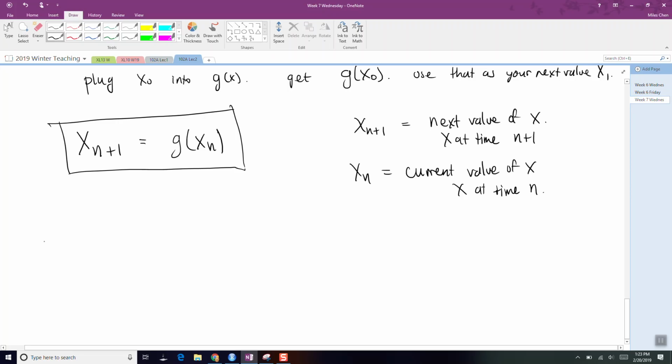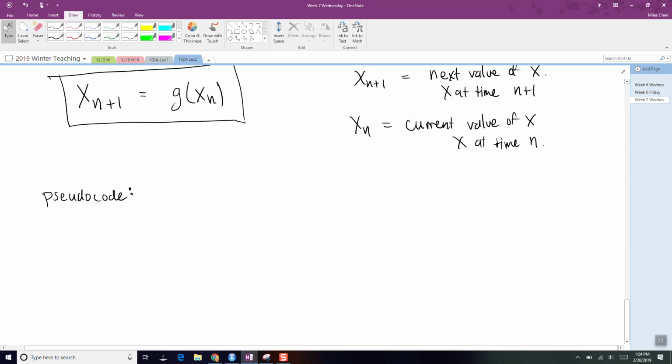Okay, so here is some pseudocode. And basically it looks like this. While, and I'm going to just throw in this, because this would run forever, right? So we need a way to stop it.